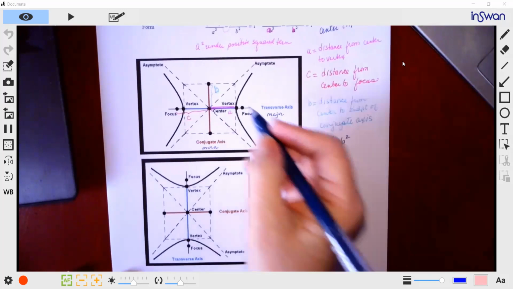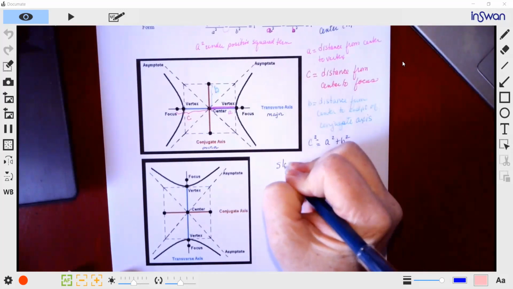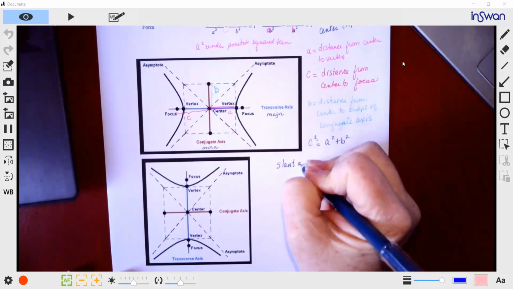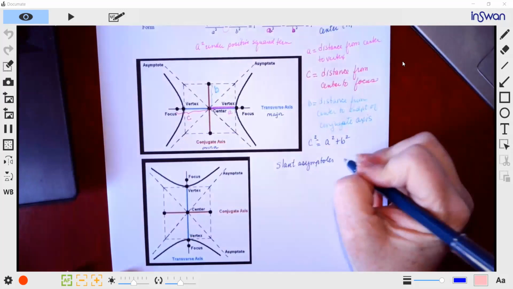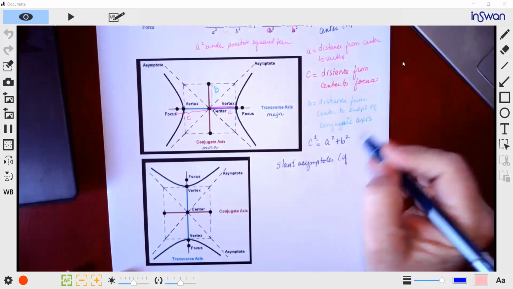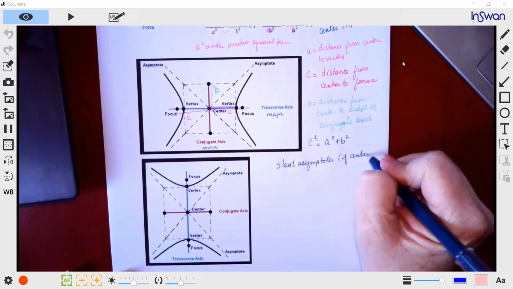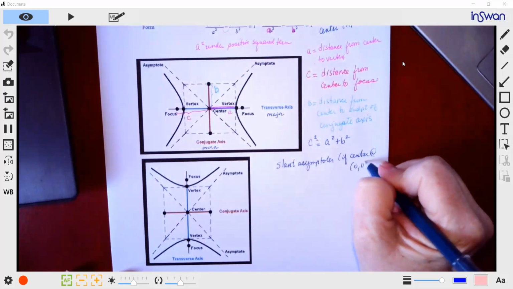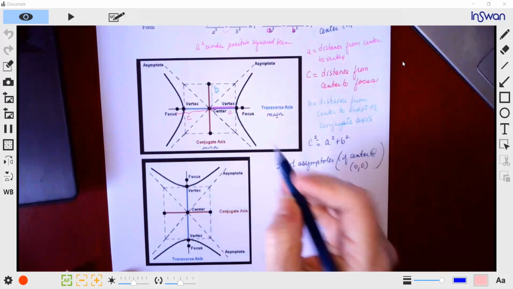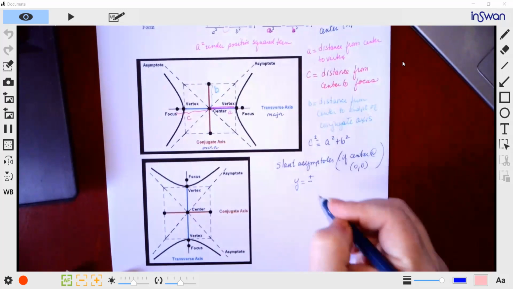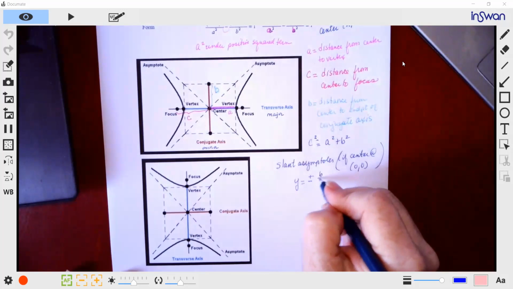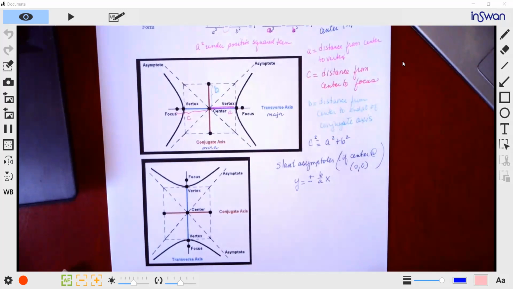And to find the slant asymptotes, if the center is at (0, 0), your slant asymptotes would just be y equals plus or minus b over a x.